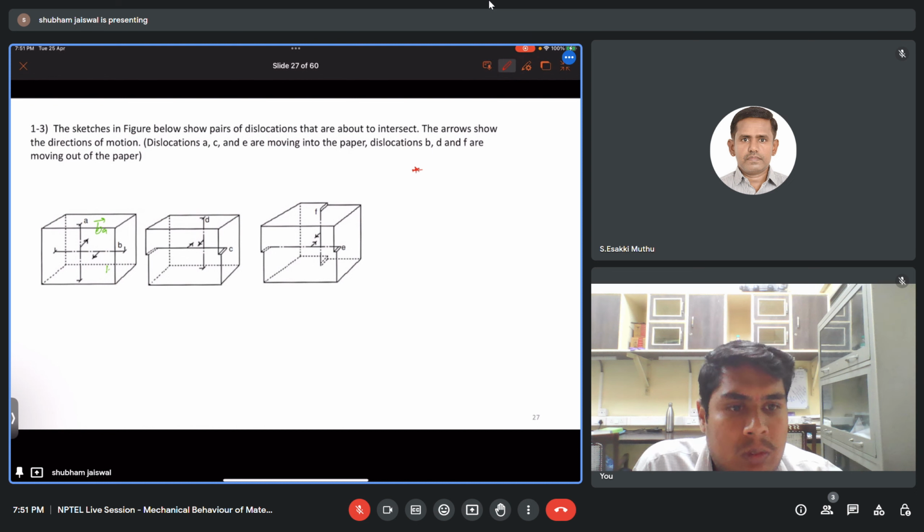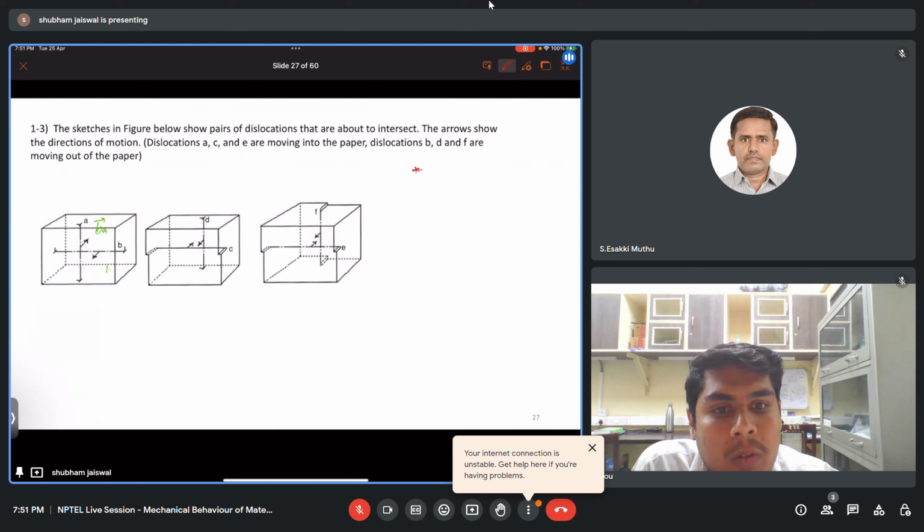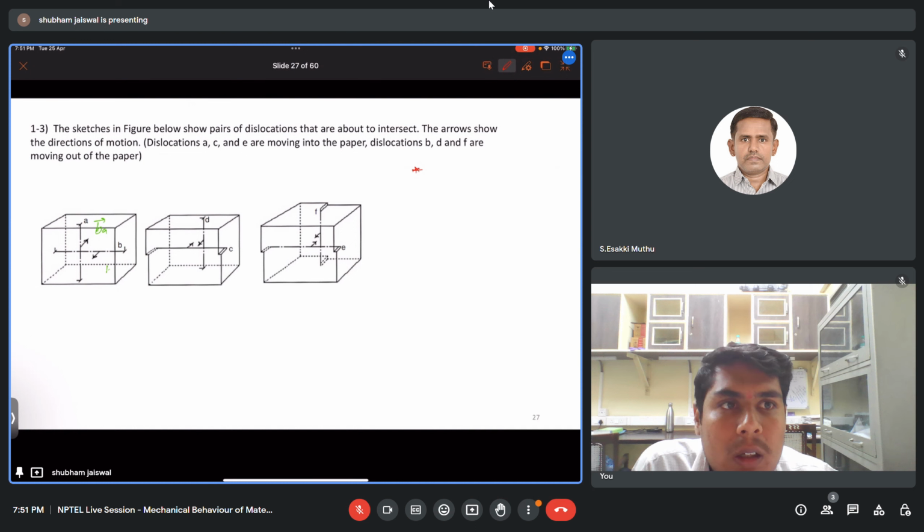To answer this question, we should know how two dislocations interact. If two dislocations are interacting, one dislocation will create a step in the other dislocation, in the direction of the Burgers vector of the first dislocation, and its magnitude will be equal to the magnitude of the first dislocation's Burgers vector.